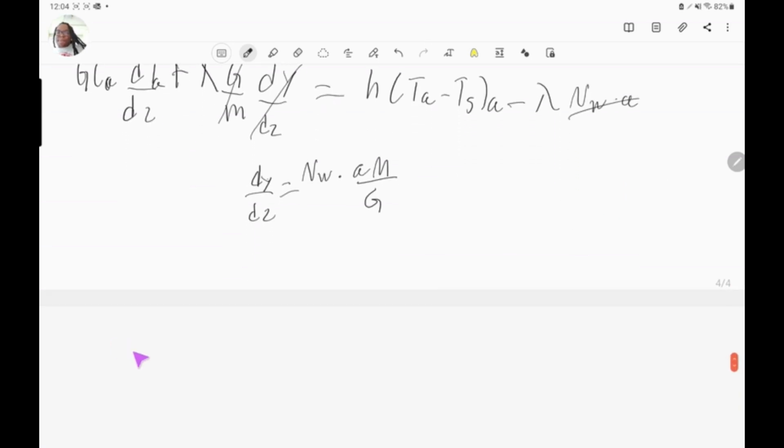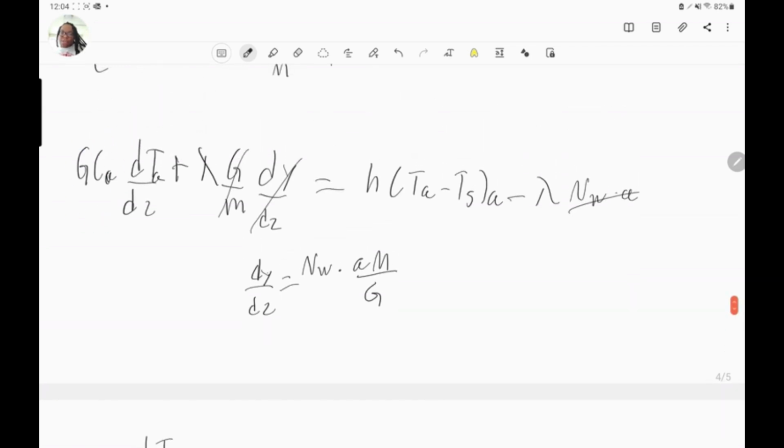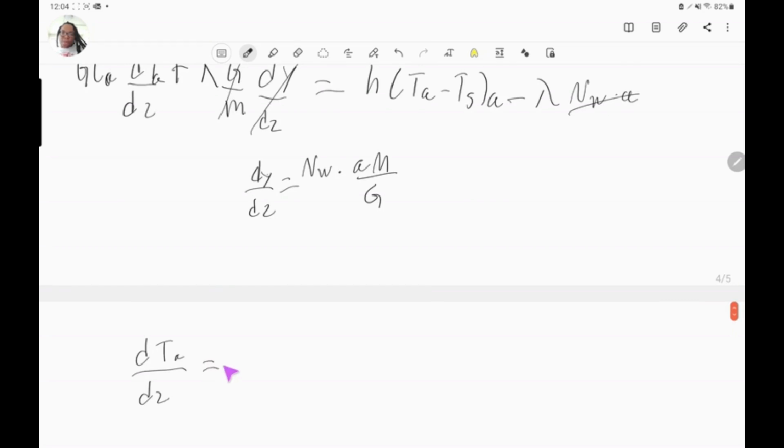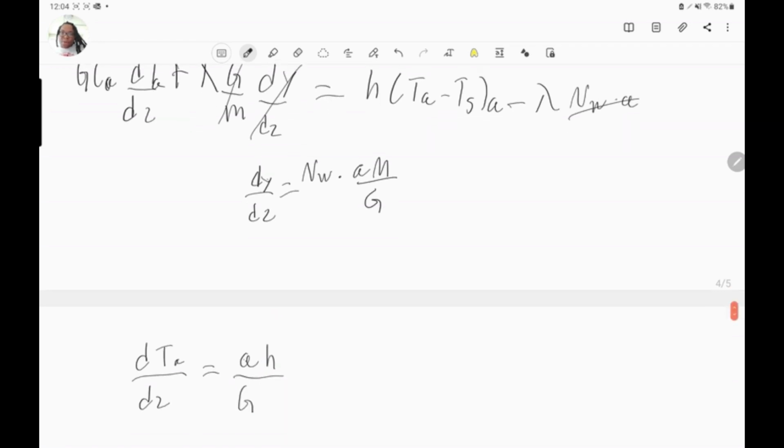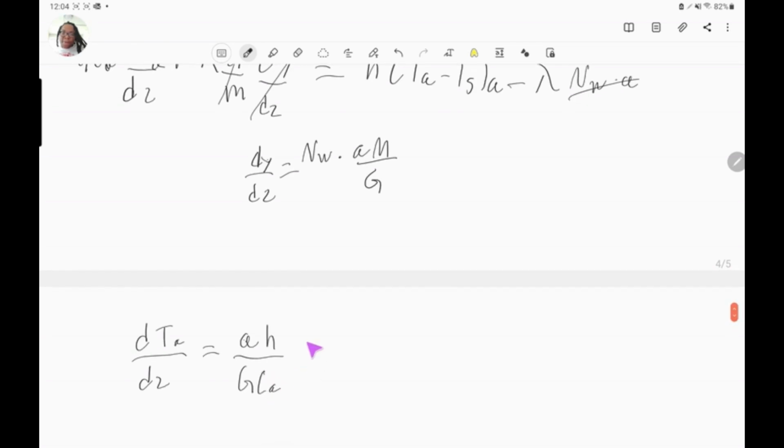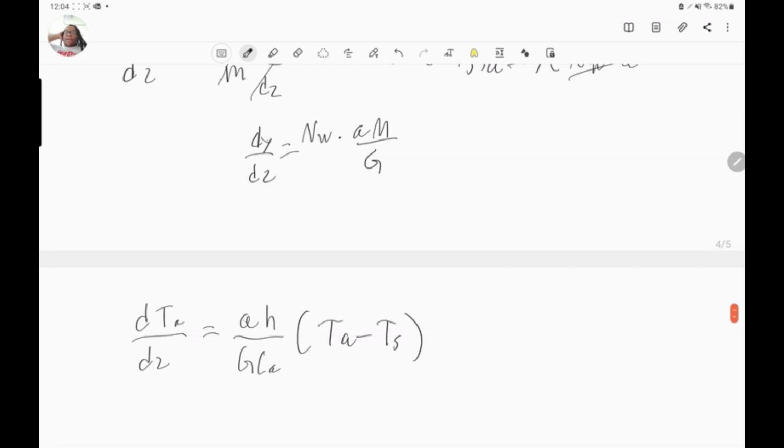So what we'll be left with is our dt, our change in temperature of air, times dz is equal to our area times our heat transfer coefficient, over our mass flow rate of air, our specific heat of air, and as times our temperature of air minus our temperature at the surface. And we found our equation here, and what we're going to do next is we're going to use Python to solve these differential equations.